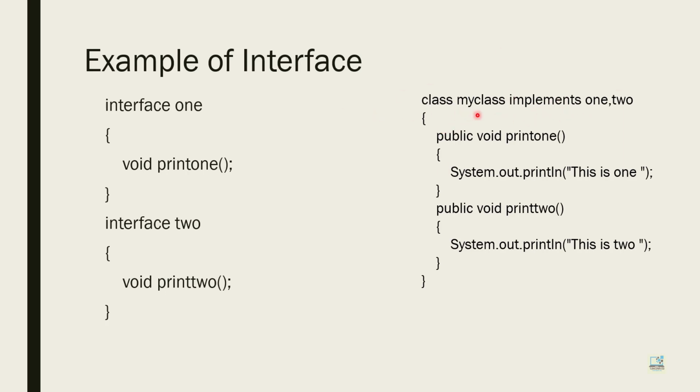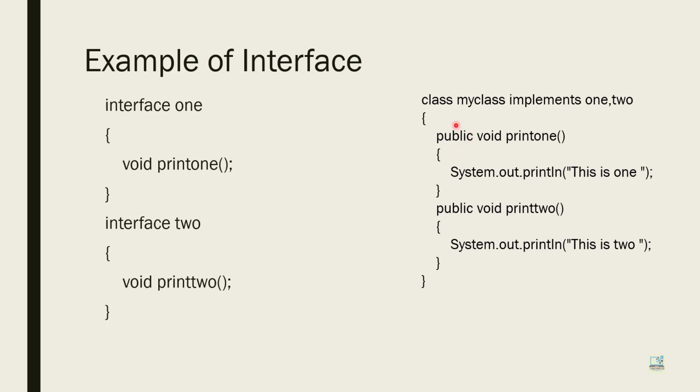So MyClass implements Interface1, Interface2, comma separated. Now the first method print1 I have defined. The next method also I have defined. Now here is one thing. Suppose you are deriving a class from an interface, like I am deriving MyClass from Interface1 and Interface2. You will notice that I have used the keyword public.